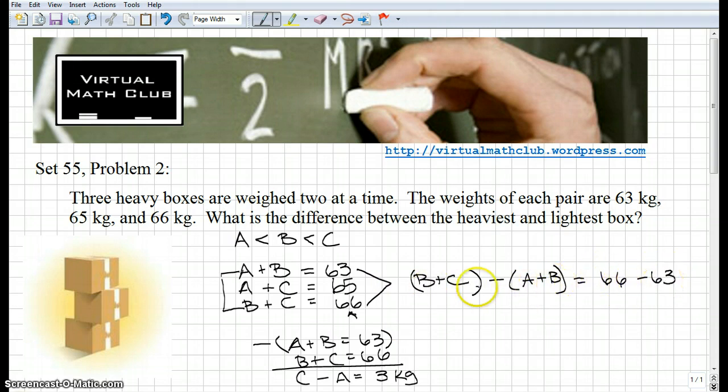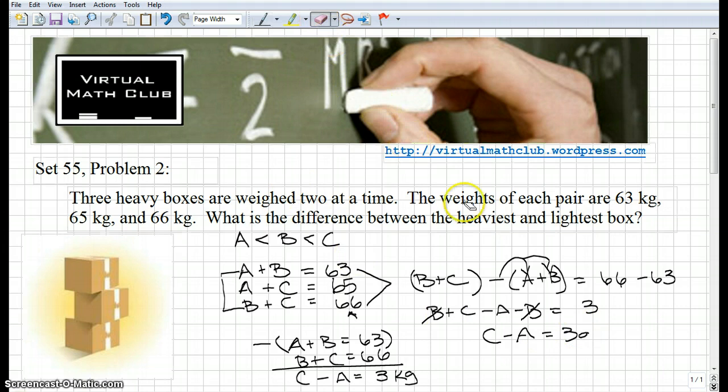So I know this is equivalent, and if I rewrite this and then distribute the negative sign inside the parentheses, I get minus A minus B, and that's 3. You can see here we have a minus B and a plus B. Those go away, so we get the same thing: C minus A is equal to 3 kilograms. Not 3 grams, 3 kilograms.